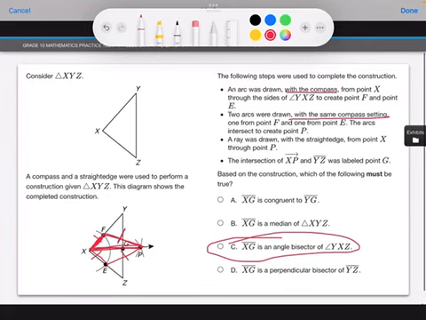So that's the logic behind it: if you have two similar triangles because they share a side, and the two sides I just proved were equal because of the same compass setting, that means the angle measure had to be equal, meaning that XG had to be an angle bisector, meaning that it cut the angle into two equal parts.